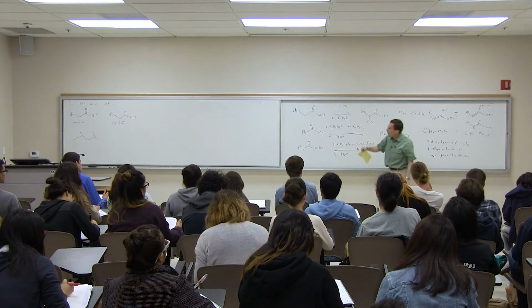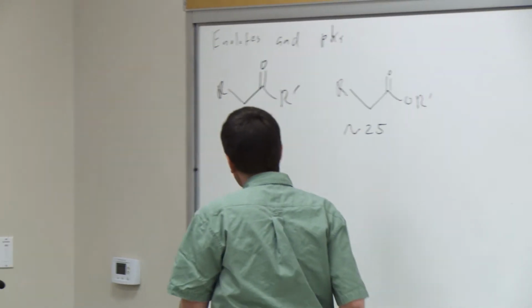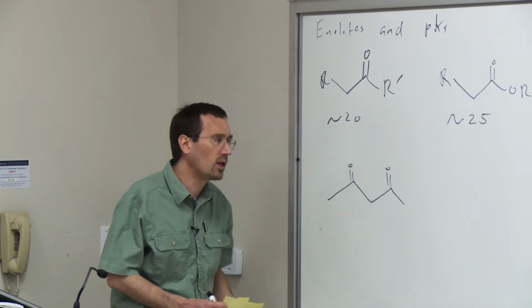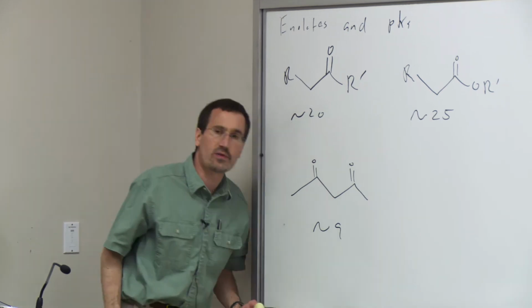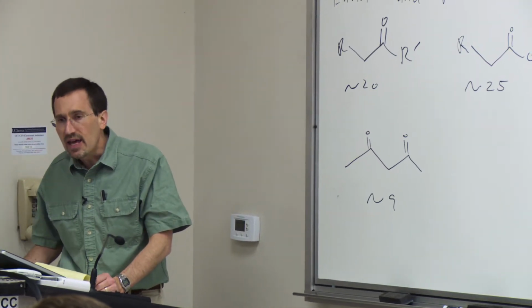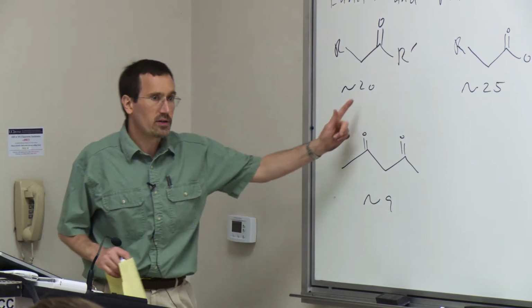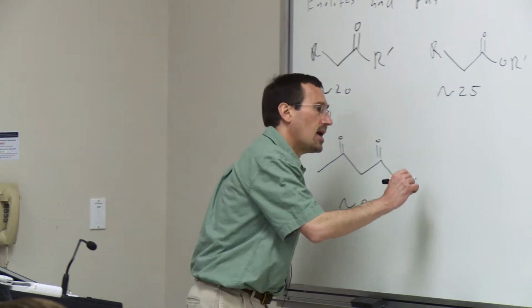But in the case of a 1,3-dicarbonyl, now you get 3 resonance structures with 2 of them having the negative charge on the oxygens. You can delocalize the negative charge. And so the pKa of a 1,3-diketone is about 9. They are substantially more acidic than a regular ketone by about 11 pKa units.